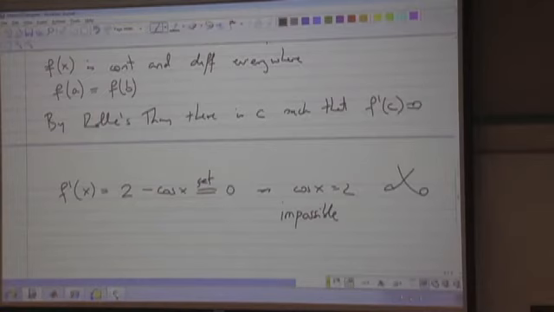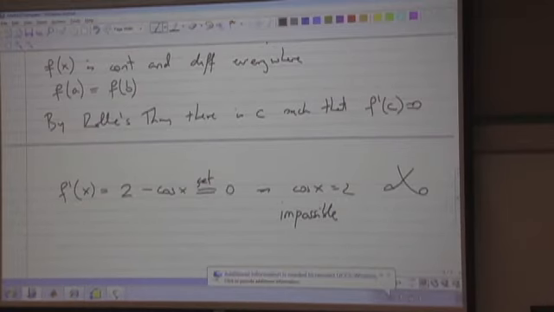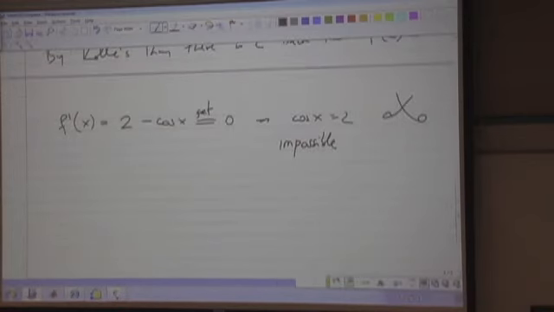34 on. Okay, so you need to find the critical numbers for the function, right?